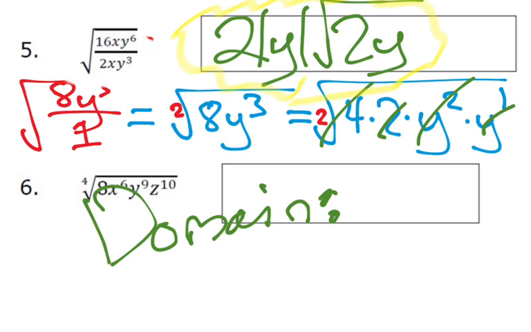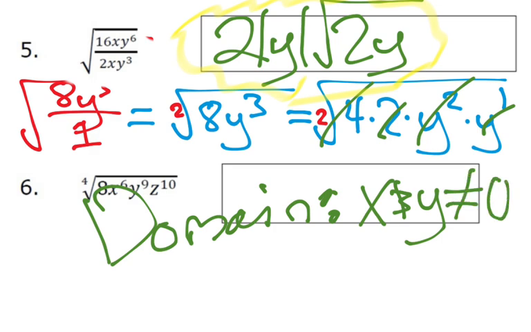We do have a fraction in the beginning of the problem. We have an x and a y that are both in the denominator. That means x and y are not allowed to be equal to 0. Secondly, in the final answer, we had a y underneath a radical sign with an even index.